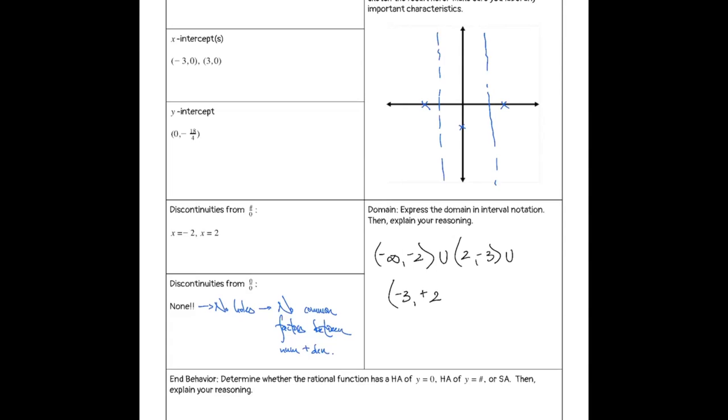Or wait, 1 second. Okay, no worries. Okay, yeah, I got negative infinity to -2, union -2 to 2, and then union 2 to positive infinity.